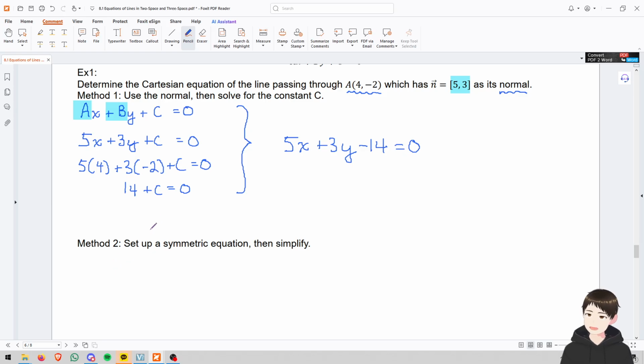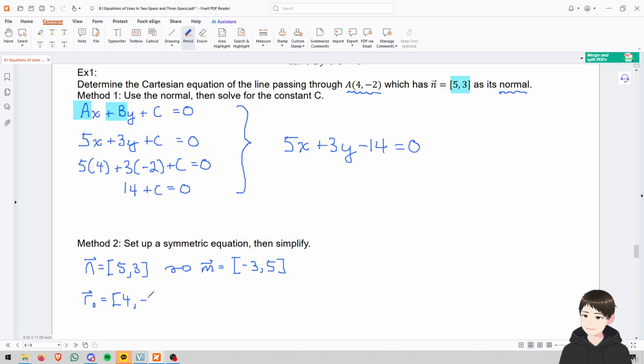If my normal is (5, 3), I can argue that my direction vector is (-3, 5) or (3, -5), and it doesn't really matter. Because it passes through (4, -2), I can argue that my position vector is (4, -2).